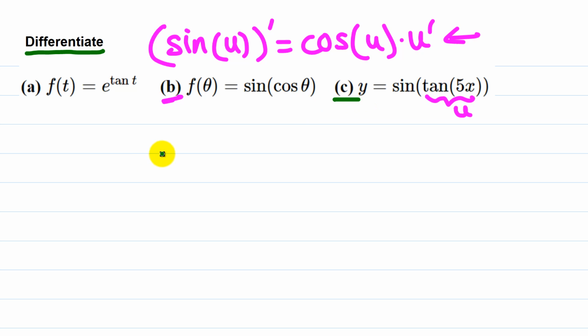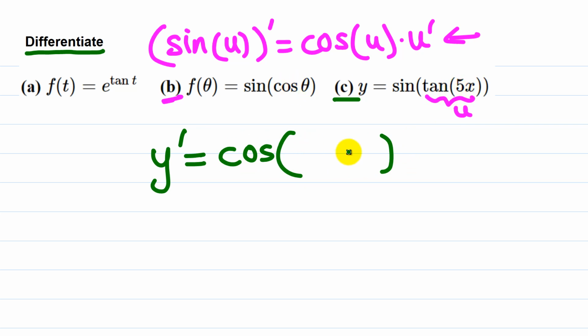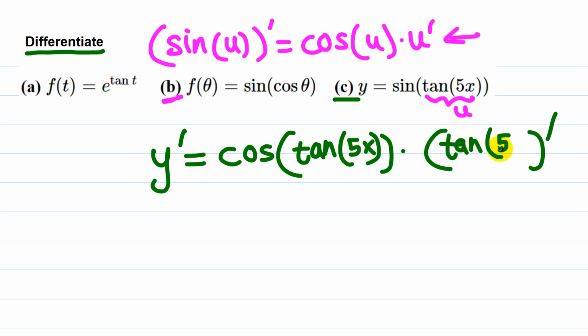So y prime for part C, y prime is equal to, this is like sine u using the chain rule, cosine of u, which is bigger than this, so I'm going to leave this, cosine u times u prime, where u is tangent of 5x. Okay, we are not done because there is a prime.